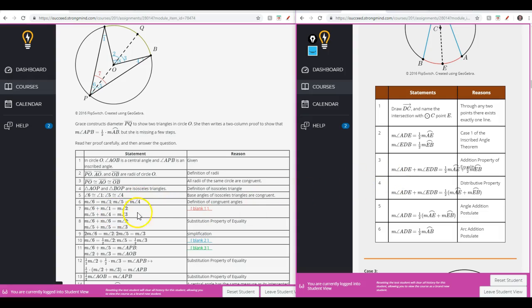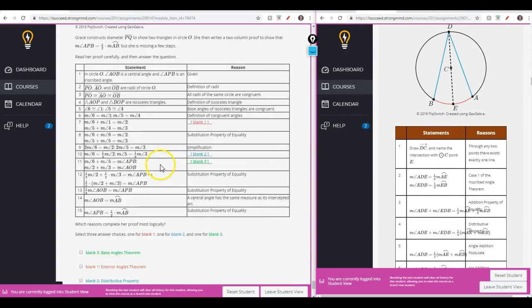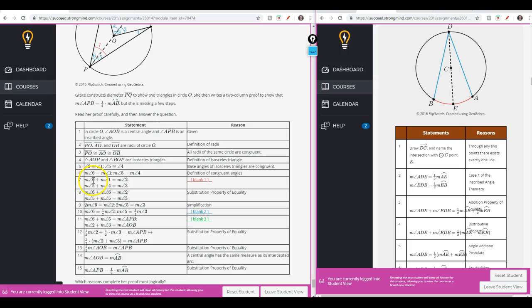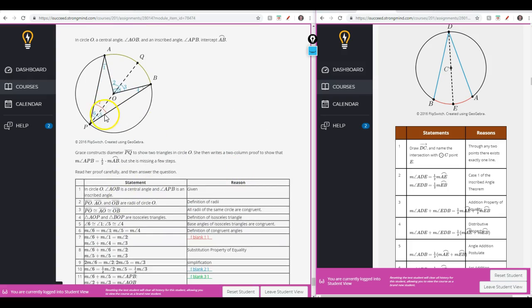So let's jump over here and see if we can use some context clues to answer this question. I'm noticing that we have measure of angle 6 plus measure of angle 1 is equal to the measure of angle 2.